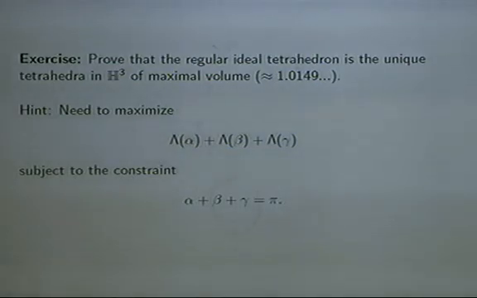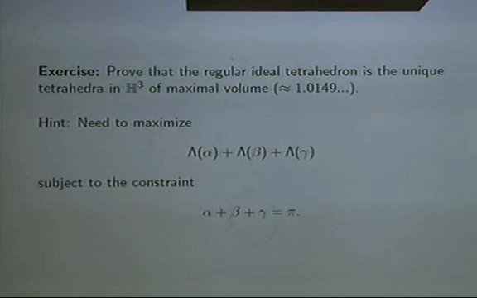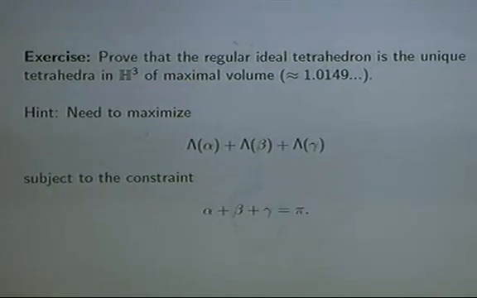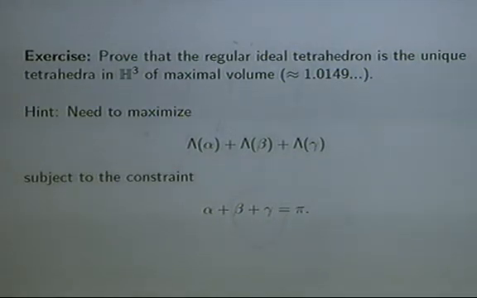And you might guess that maybe the most symmetric one should have the maximum volume. And in fact, that's true. So if you take the regular ideal tetrahedron, that's one with all dihedral angles 60 degrees, that's the unique tetrahedron with maximum volume. I'll leave this as a little exercise using the formula for volume in terms of Lobachevsky function.